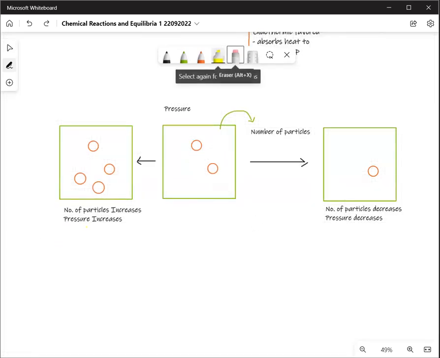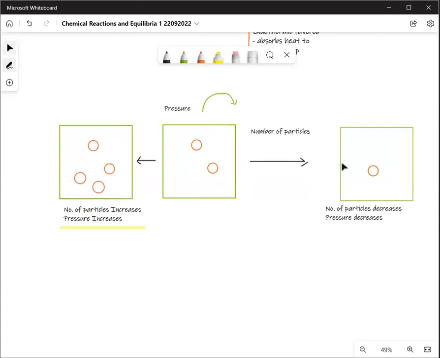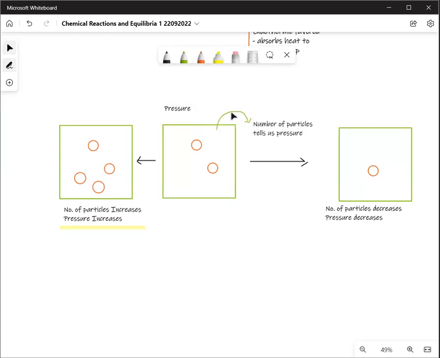Now read this. Number of particles tells us pressure.